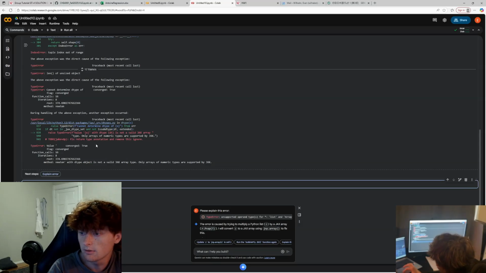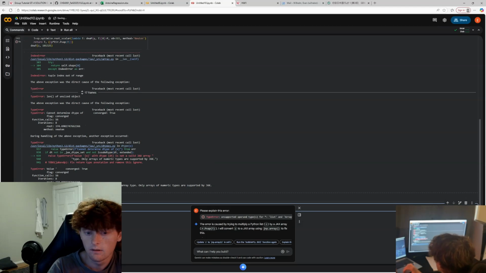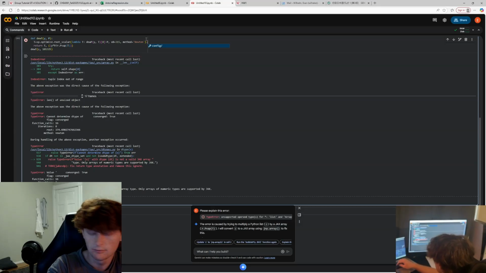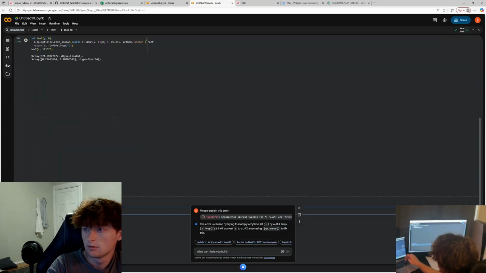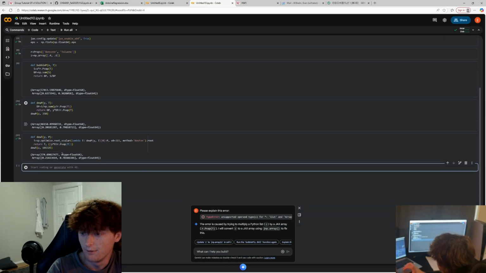What is this? Oh, I forgot the dot root. Okay, there we go. So yeah, we have our temperature right here that our dew point is at, and then we have our mole fractions for our liquid.